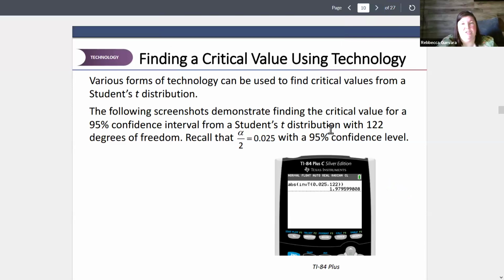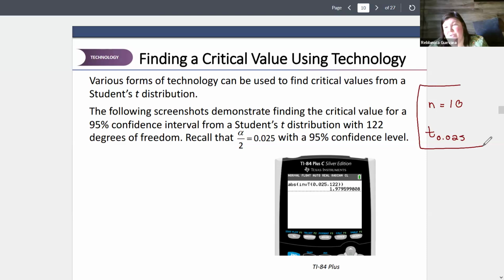So here we're going to let's first do our first problem. Our first one was a sample size of 10, and then we had 90 degrees of freedom. We had 0.25. We're also going to look at something that wouldn't fit on the table, but I can do in the calculator.